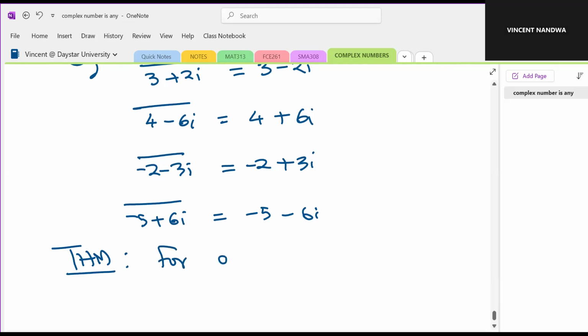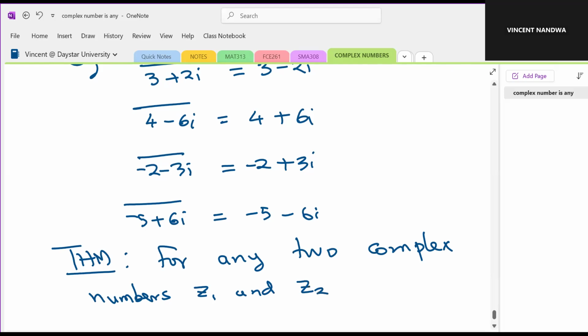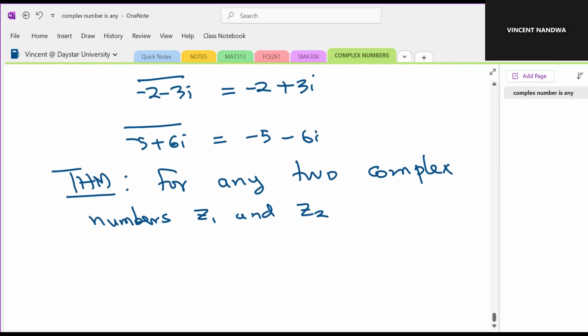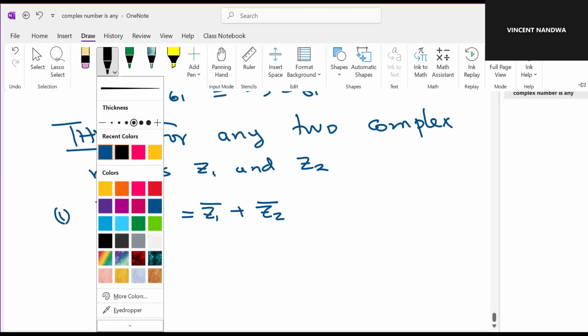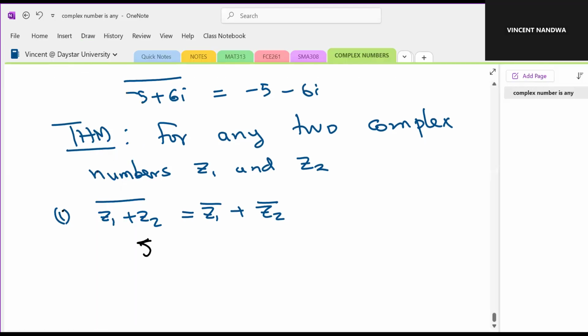For any two complex numbers Z1 and Z2, one: the complex conjugate of Z1 plus Z2 is the same as the conjugate of Z1 plus the conjugate of Z2. Maybe we can give the proof for this one quickly. So, solution or proof.